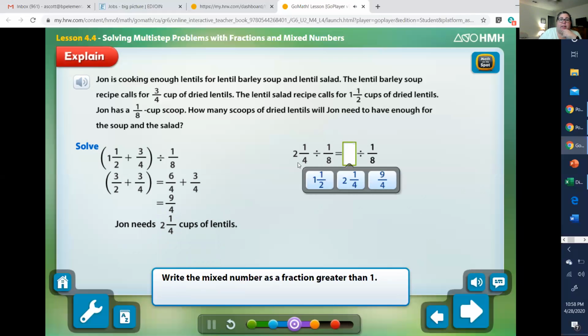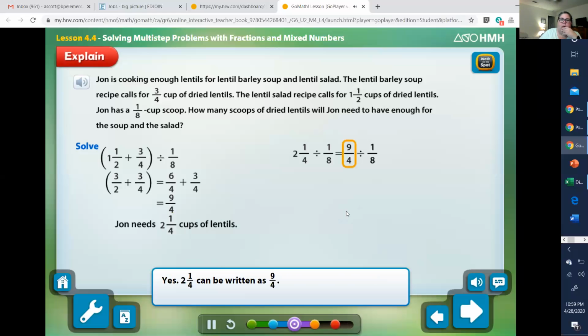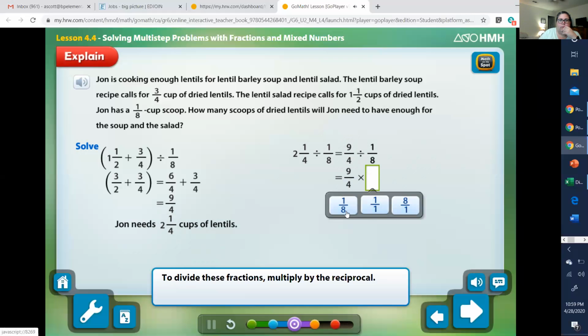So basically, they're asking you to write this as an improper fraction again, which is what we just converted it from. So it's this right here, 9/4. Remember, the reciprocal is when the numerator and denominator switch places. So that's 8/1.